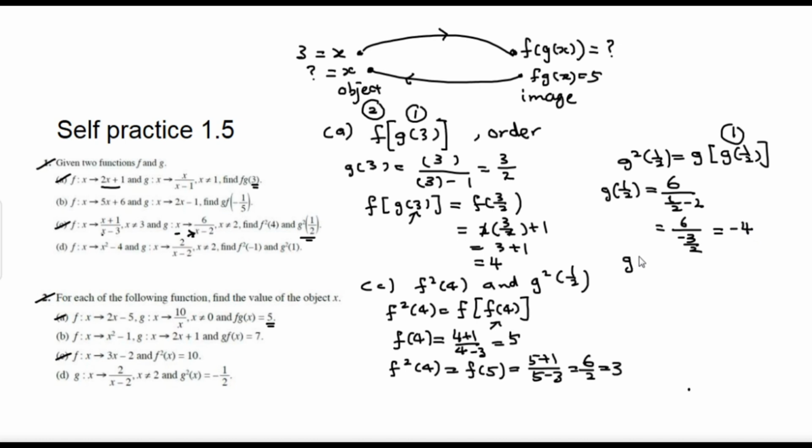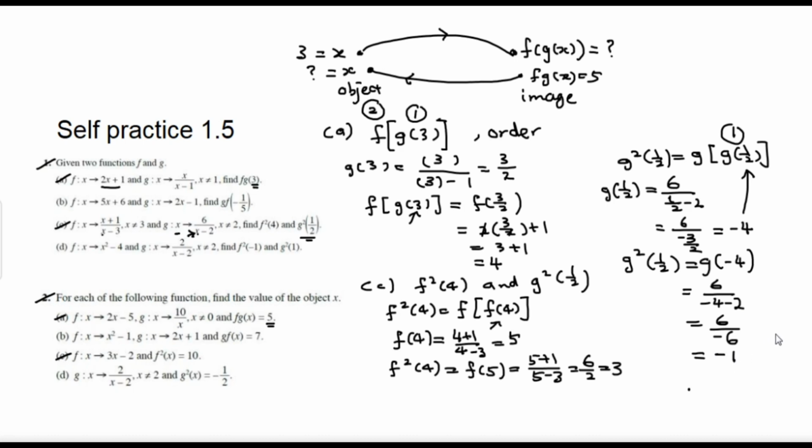So g squared of half is equal to g(negative 4), since g(half) is negative 4. Go back to our g function and substitute negative 4. So 6 over negative 4 minus 2 is equal to 6 over negative 6, which is equal to negative 1.